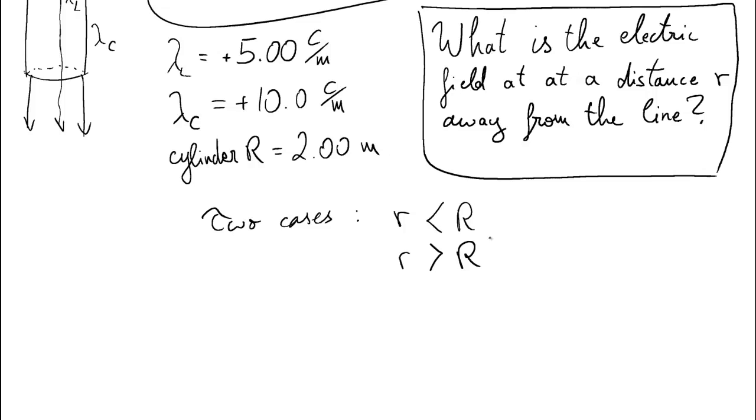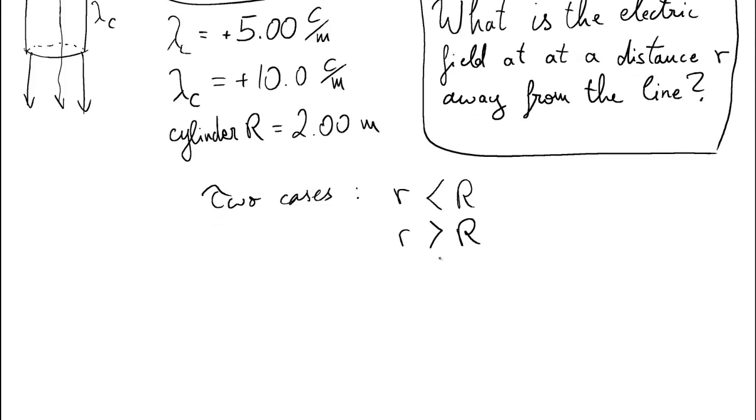Now in this video I'm going to assume that you're already familiar with Gauss's law and how to use it. And just to reference it, I'm going to write it down real quick. It basically states that the electric flux is equal to the closed integral of the electric field dotted with the infinitesimal area, and that's equal to the charge inside divided by epsilon 0.